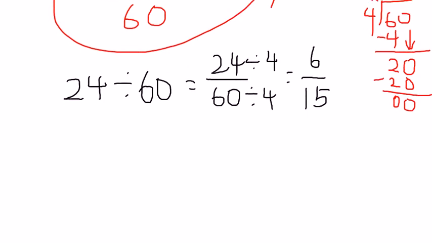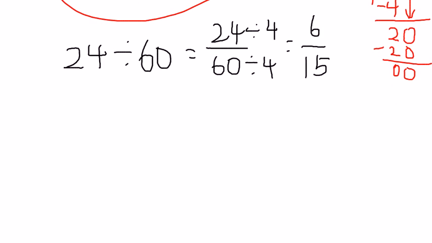Can 6 out of 15 be further simplified? The answer is yes. 6 over 15 can be divided by, very good, 3. 3 timetable. So now we do not need to do division anymore, because this is a very basic multiplication table. 6 divided by 3 would be 2.